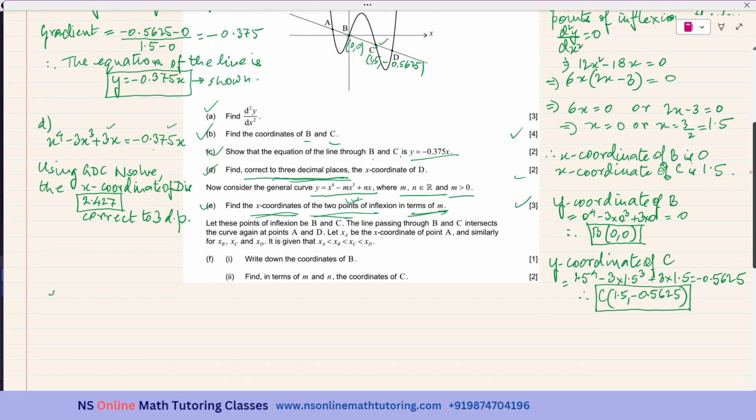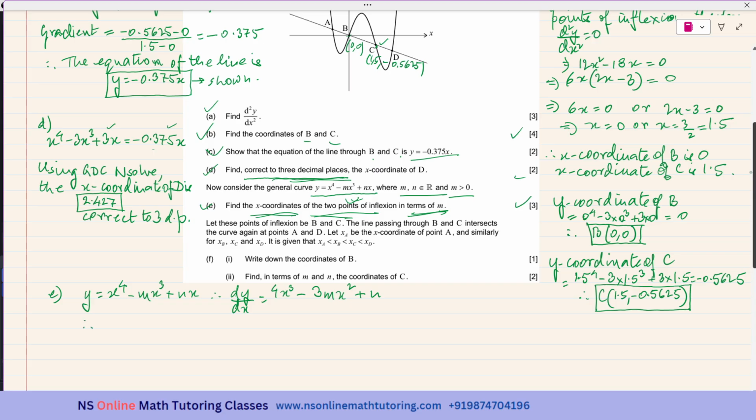Okay. E. Again, I am writing the expression for y. It is x to the power of 4 minus mx cubed plus nx, because I have to get the second derivative. Therefore, dy by dx is equal to 4x cubed minus 3mx squared plus n.